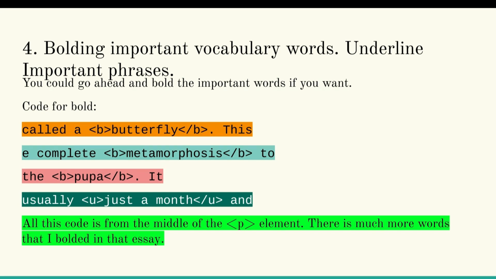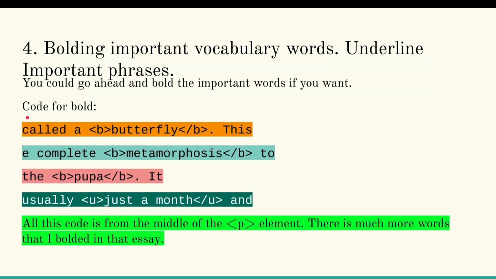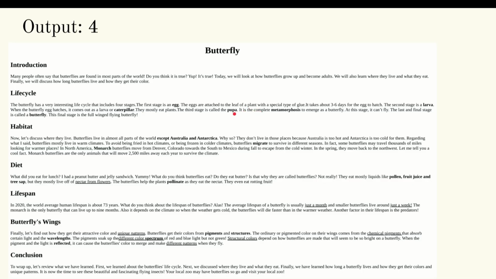I put many more bolded words, but there's not enough room to put all of the code in there. So this is our outcome so far. Butterfly is bolded, metamorphosis is bolded, pupa is bolded, and just the one phrase is underlined.